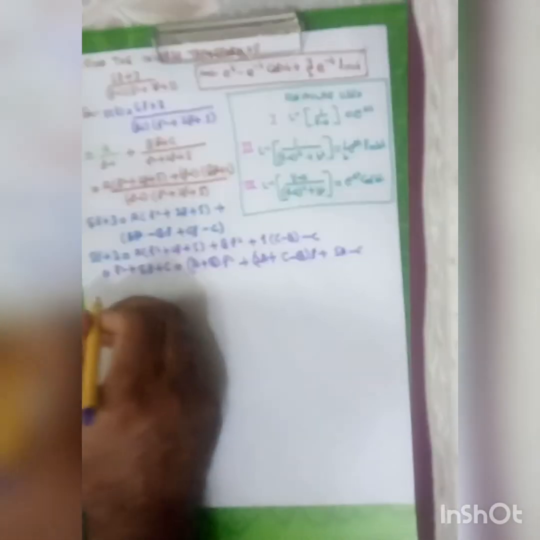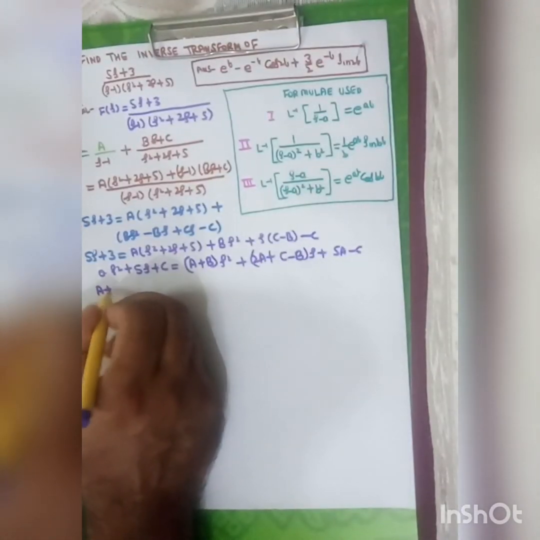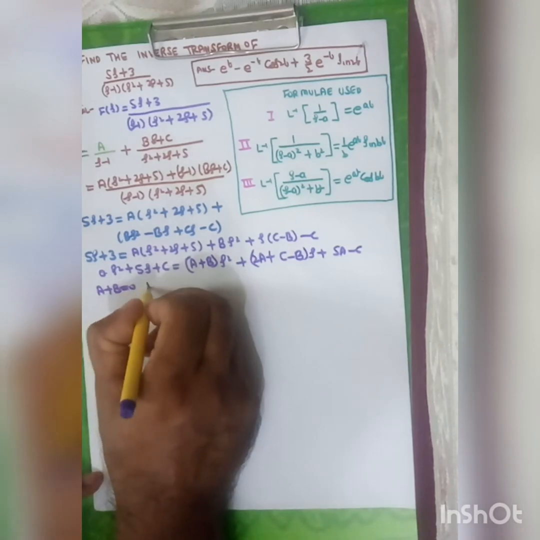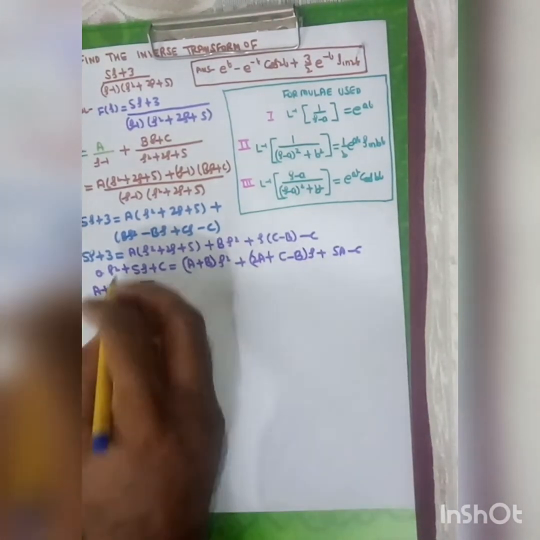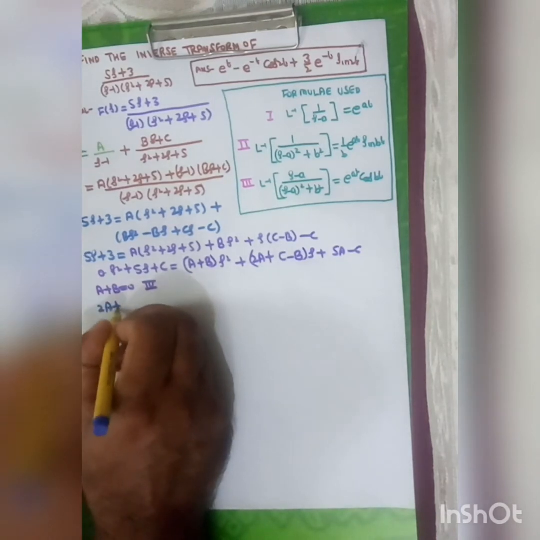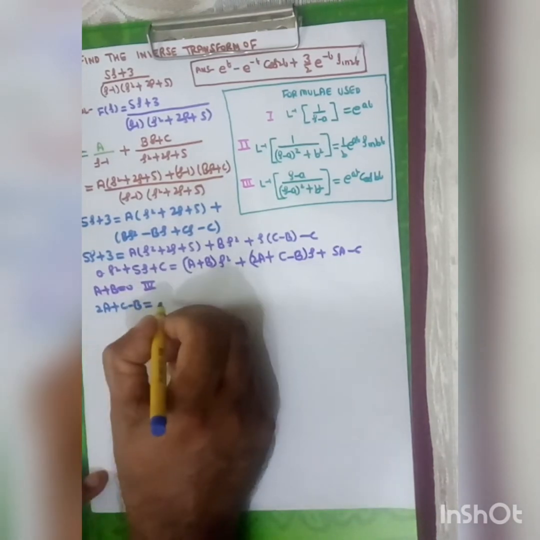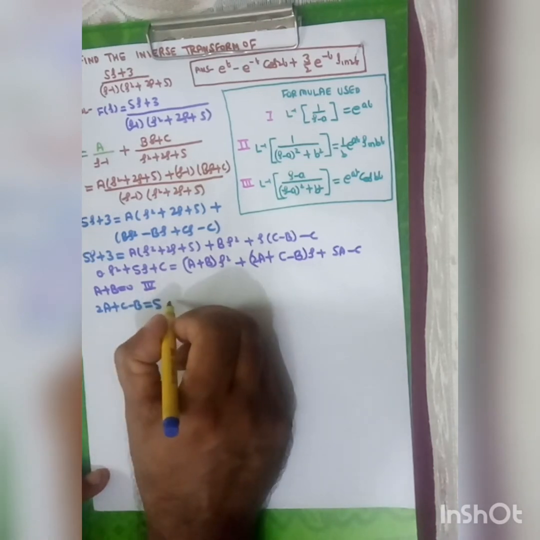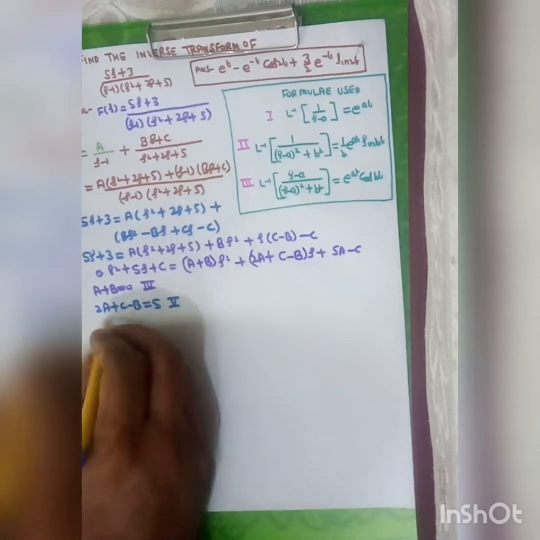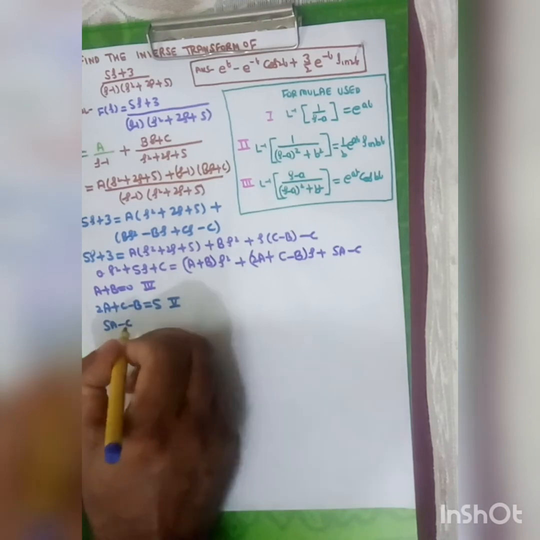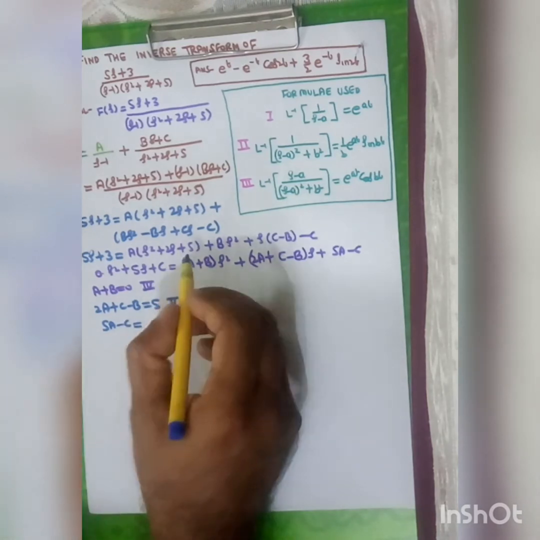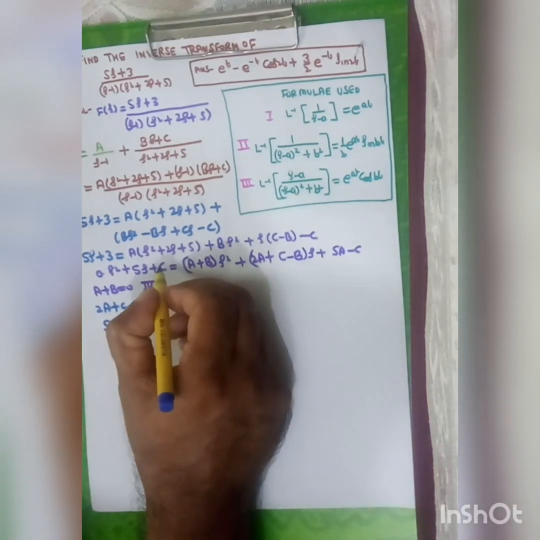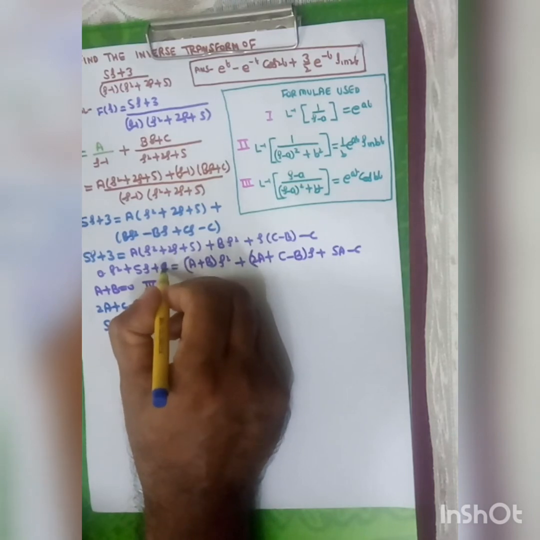So on comparing coefficients, we get A + B is equal to 0. Let it be equation 4. And 2A + C - B is equal to 5. Let it be equation 5. And 5A - C is equal to 3.